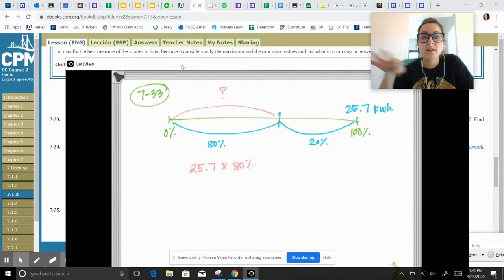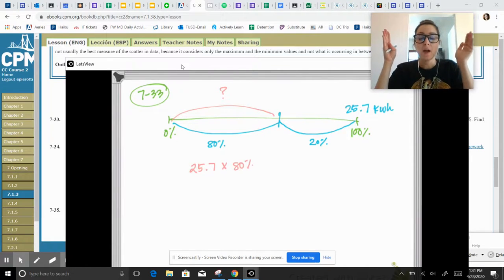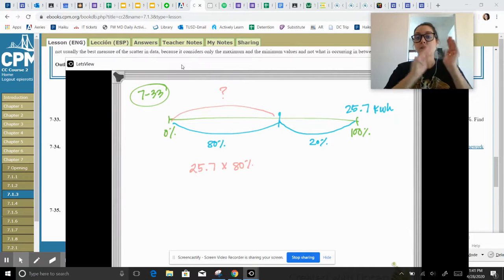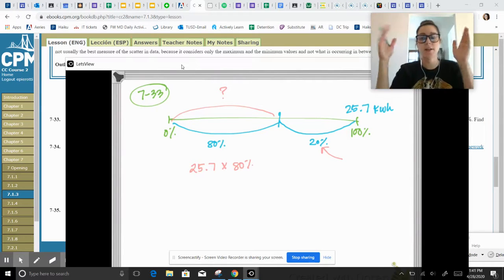So basically, to sum it all up, when you are having a sale or a discount or a percent decrease, anything that's less than 100% or you're taking away, you want to multiply that 100% amount by what you're actually going to be paying. It's going to be an extra step if you're only finding the 20% amount, because then you're going to have to do a subtraction and a whole bunch of stuff.